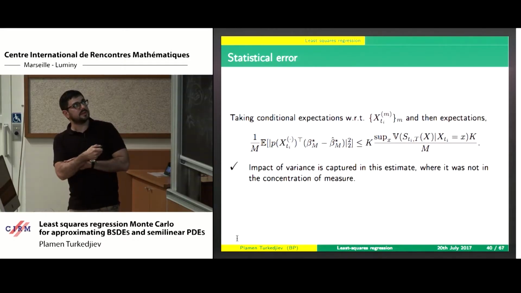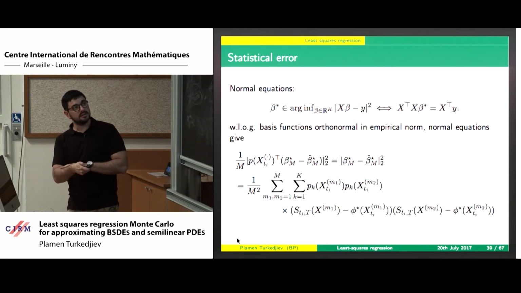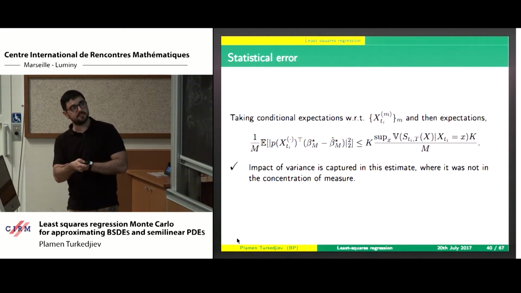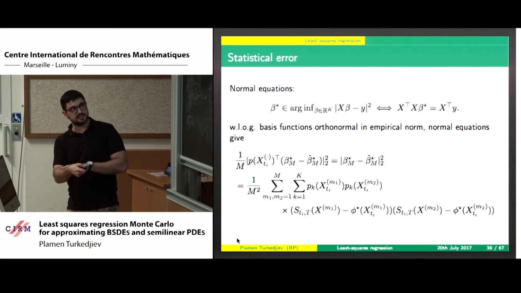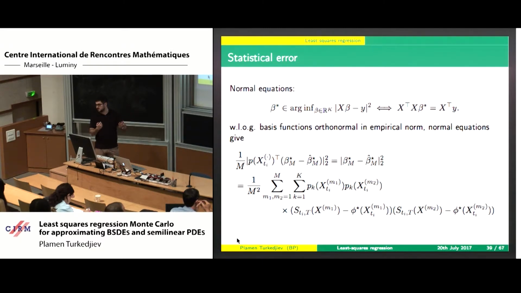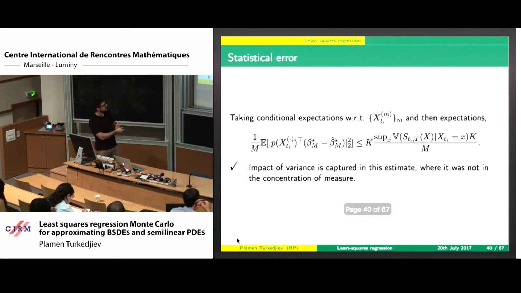So what we're left with, when we take the conditional expectation inside, is an upper bound given by the, oh sorry, there's two Ks, given by the maximum conditional variance of S, given that x at ti is equal to x. The K appears basically because all that's left over is the product of the orthonormal basis functions, and divided by m.